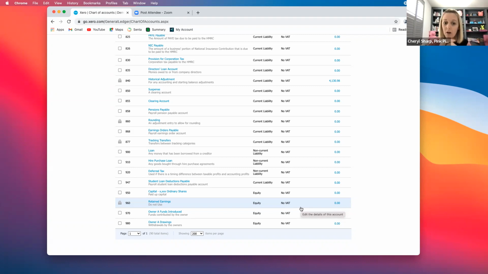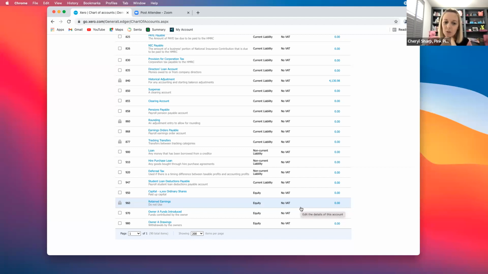That's why there are different codes for CIS labour and income as opposed to non-CIS, so that Xero can use those to make sure the right things are being reported in the CIS returns. So there's a lot of technical stuff behind it that we do and we check for. We never just assume that they're all in the right place, but we just wanted you to understand a little bit more about what we do and how things are affected.